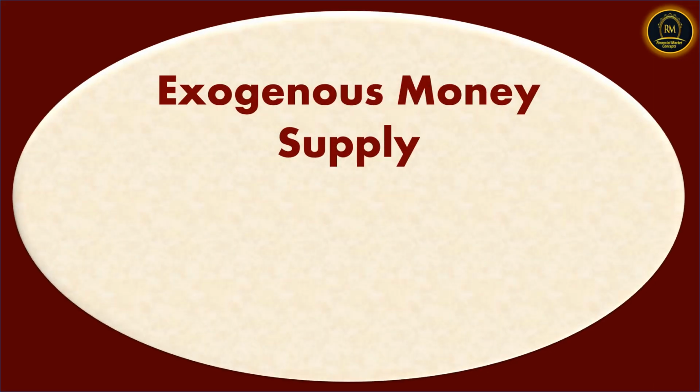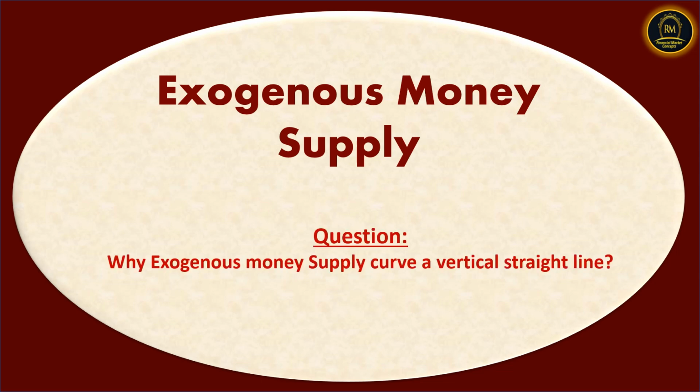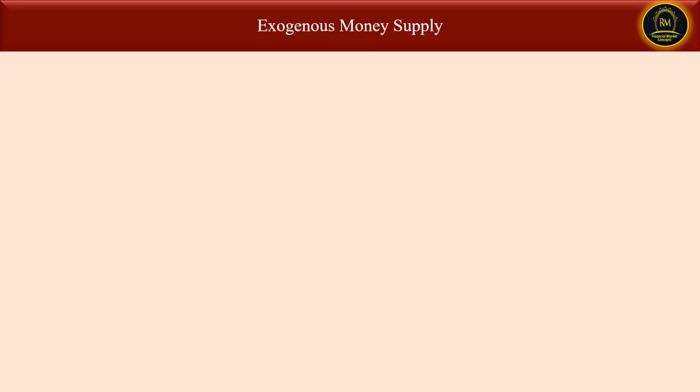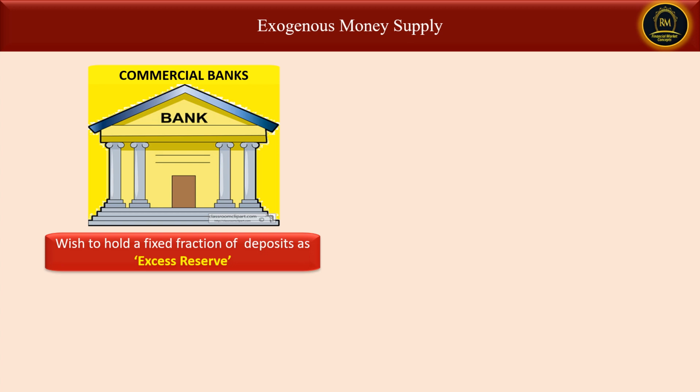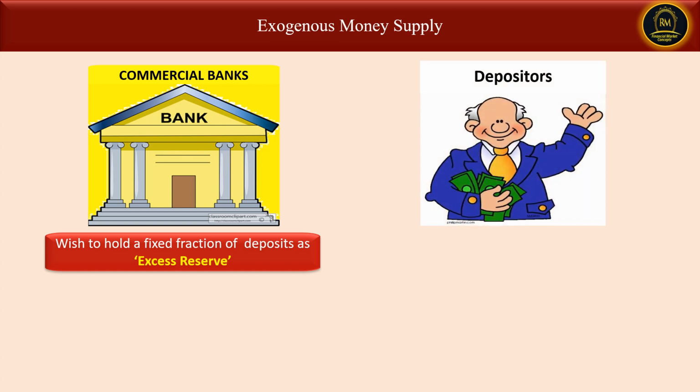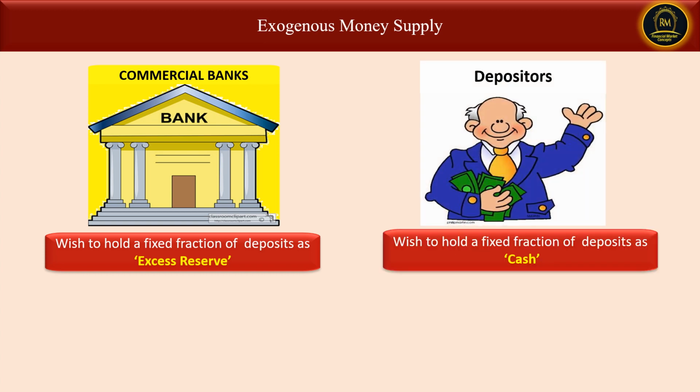Now we will see in detail the exogenous money supply, and the question that comes here is why the exogenous money supply curve is a vertical straight line, or why the exogenous money supply curve is interest inelastic. Exogenous money supply theory states that the commercial banks wish to hold a fixed fraction of deposits as excess reserve, and depositors or public also wish to hold a fixed fraction of deposits as cash in hands.